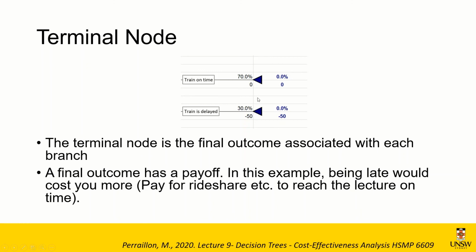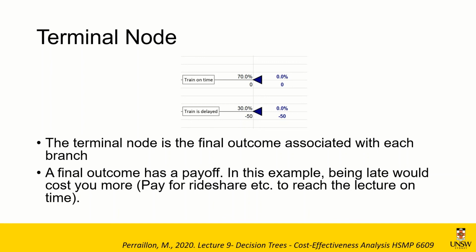Usually, any final or terminal node would have a payoff, right? So in this particular example, being on time wouldn't give you any payoff right away, although that is a long term payoff.